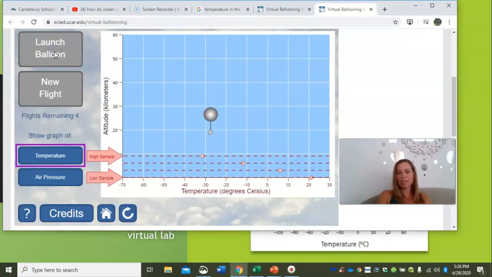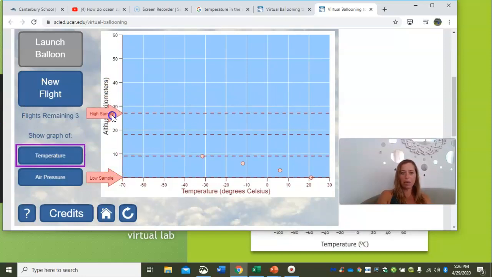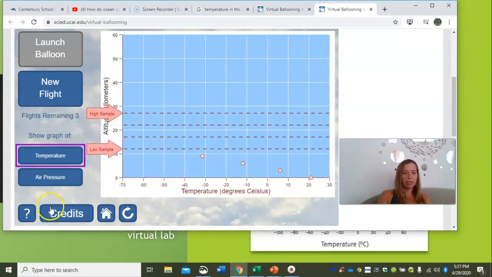Now let's see what happens as we take a look at not just the troposphere, but at different regions of the atmosphere. I'm going to pull this up a little bit, and we'll launch our balloon. Ooh, it looks like we're seeing that inversion.